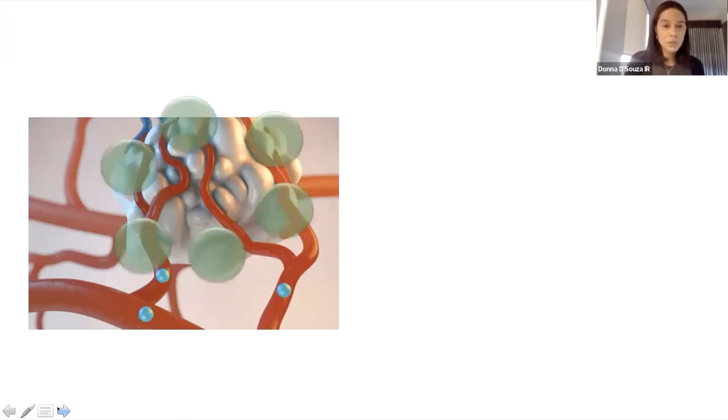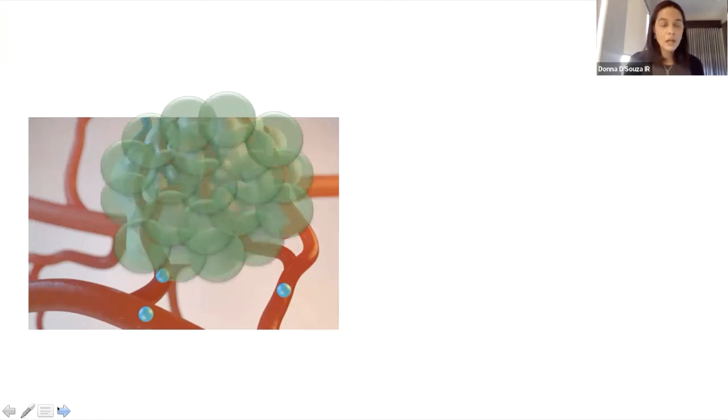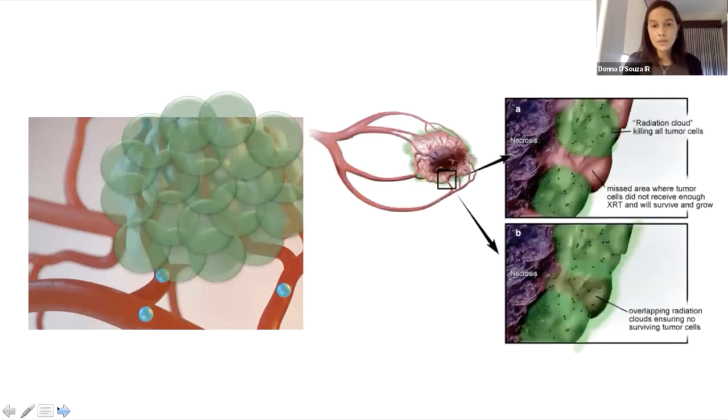So in the ideal situation in a 3D model, you would have complete coverage of the tumor with radiation cloud, so that you don't get this scenario, which you already saw in this diagram, where you have uncovered tumor, the areas in between the green that are outside the radiation cloud, because these tumor cells will survive and then grow, and you'll have residual tumor or recurrence.